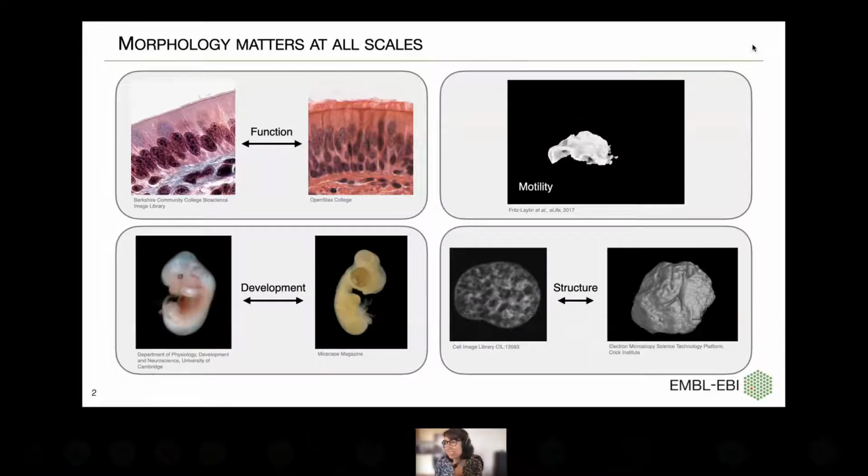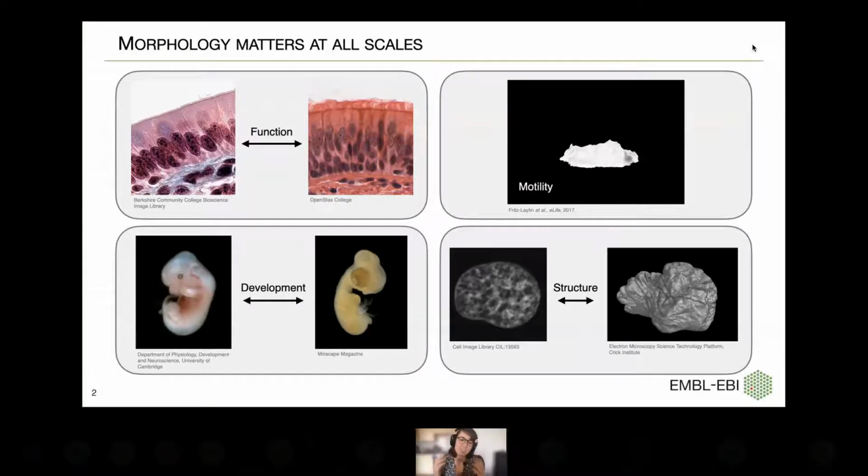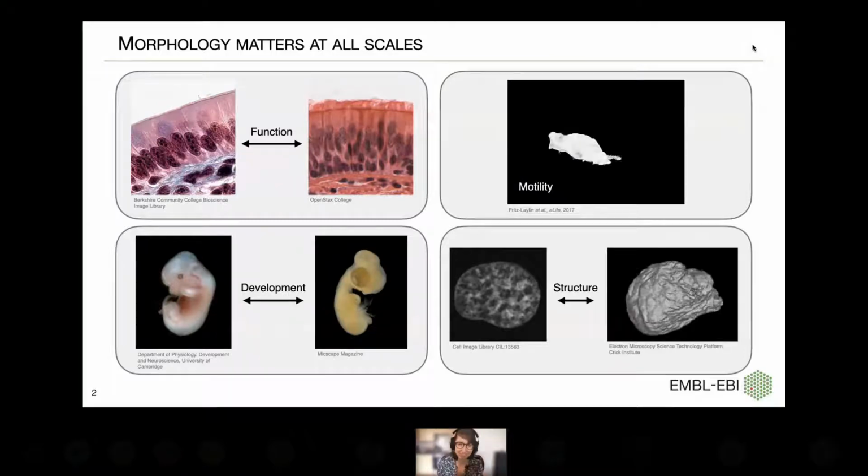And the reason for that, and I'm sure I don't need to convince you of this, is that shape or morphology matters at pretty much all scales of biological systems, whether you look at what's happening inside a cell, at the cell level, at the tissue level, at the whole organism level, actually maybe even to higher scale, like groups of organisms. We won't go that far, but any sort of biological process has some sort of morphology-related aspect to it.